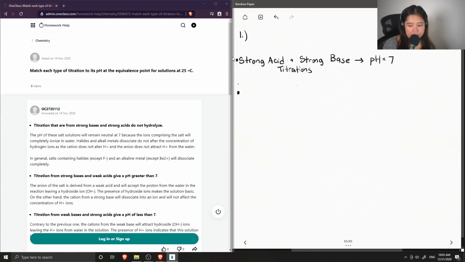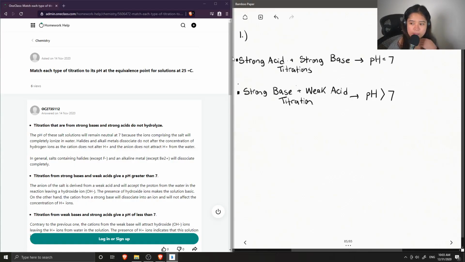And you could also have titration of a weak acid by a strong base. And the pH at the equivalence point of this type of titration would be greater than 7.